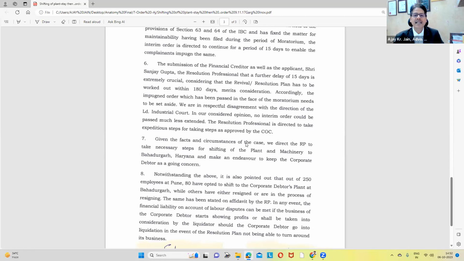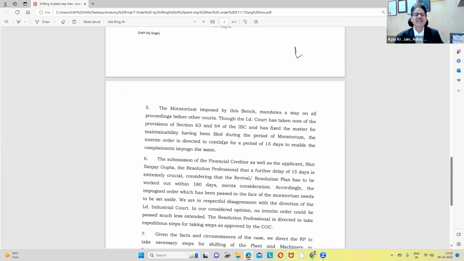I'll read only the relevant paras. Para number 5: The moratorium imposed by this bench mandates a stay on all proceedings before other courts.